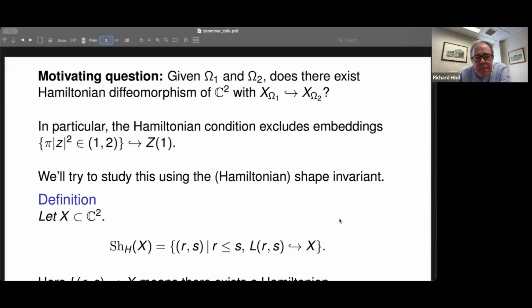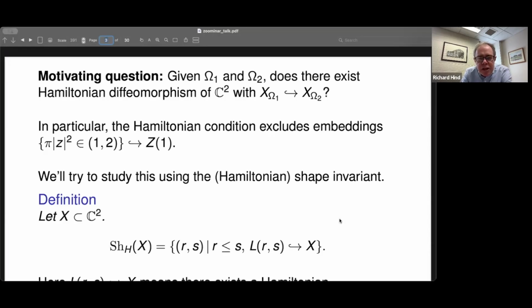Also, we're only considering symplectic embeddings that extend to global Hamiltonian diffeomorphisms, and that's a restriction. In particular, you can't map an annulus into a cylinder with this definition.